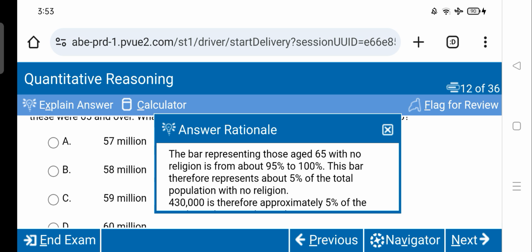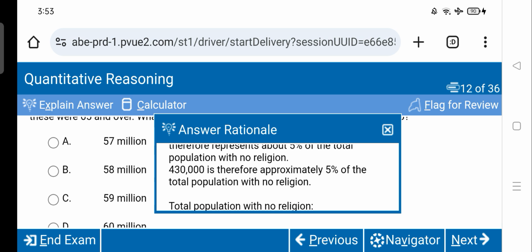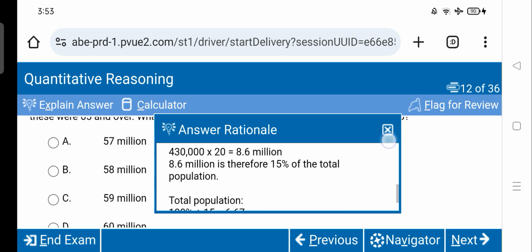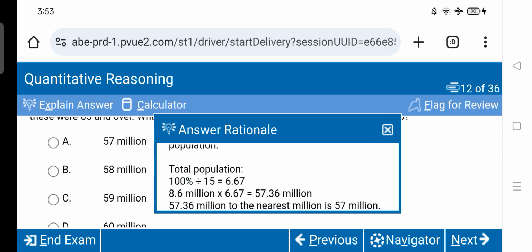This bar therefore represents about 5% of the total population with no religion. 430,000 is approximately 5% of the total population with no religion. 100% divided by 5 equals 20. 430,000 multiplied by 20 equals 8.6 million. 8.6 million is therefore 15% of the total population, and the total population is 8.6 million times 100 divided by 15, which is 6.67 times 8.6.